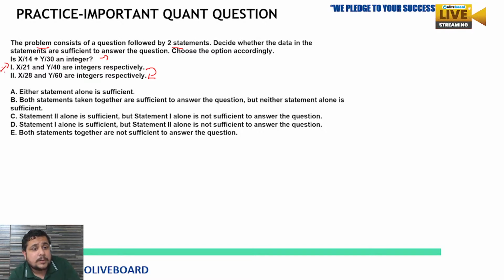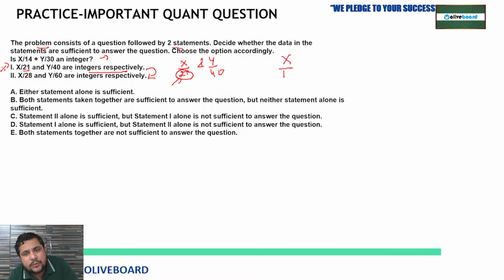So see, first statement: x/21 and y/40 are integers respectively. So statement 1 is telling us x/21 and y/40 are integers. x/21 being an integer means x is completely divisible by 21. So if x is divisible by 21, then is x divisible by 14 also? No. The value we are dividing by here is 21 in statement 1.